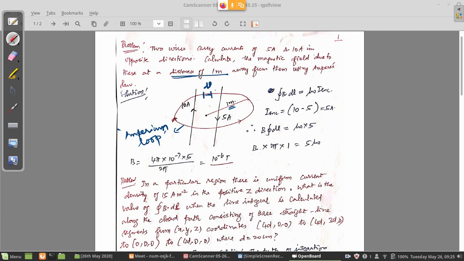You want the magnetic field at a distance of 1 meter, so your Amperian loop you are also constructing at a distance of 1 meter.